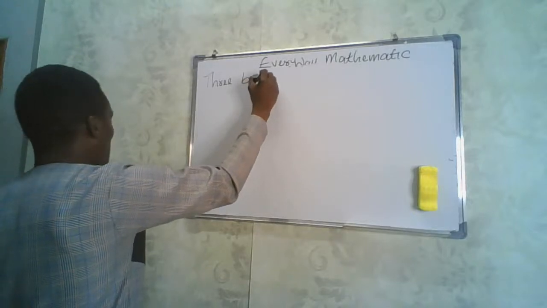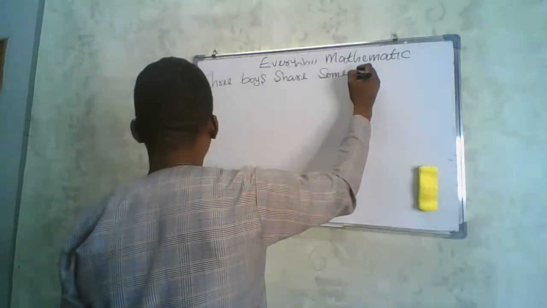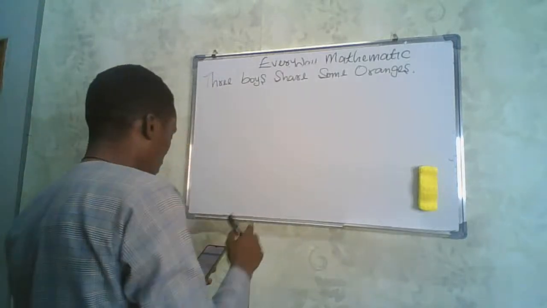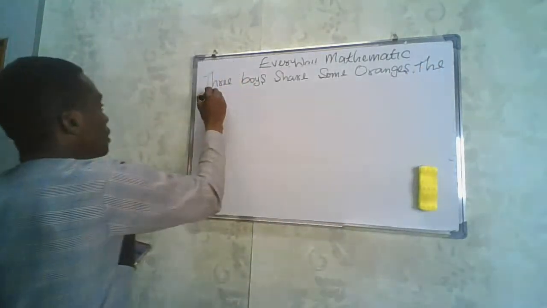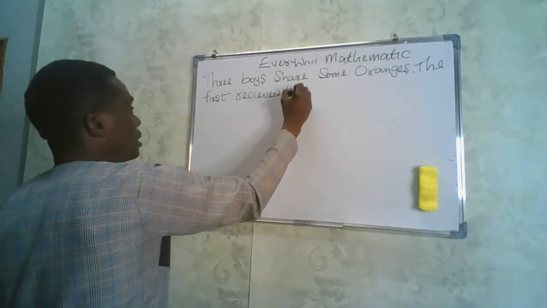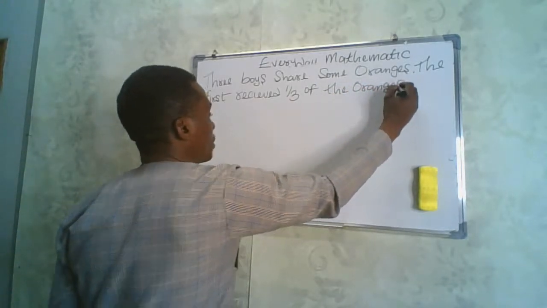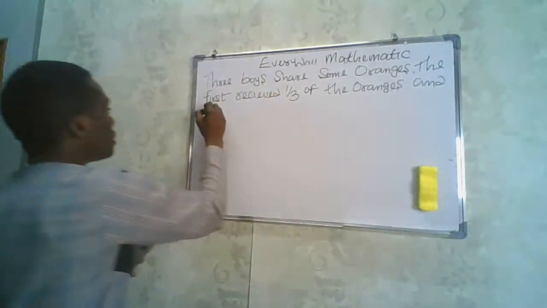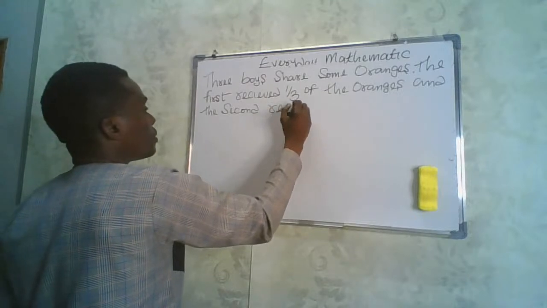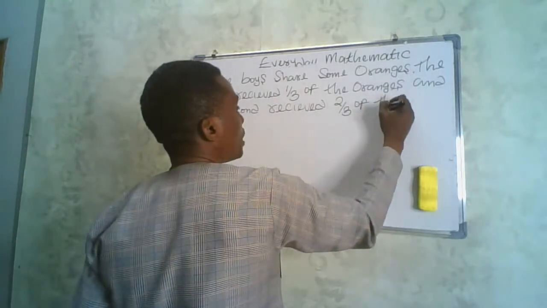3 boys share some oranges. The first received 1/3 of the oranges, and the second received 2/3 of the remainder.